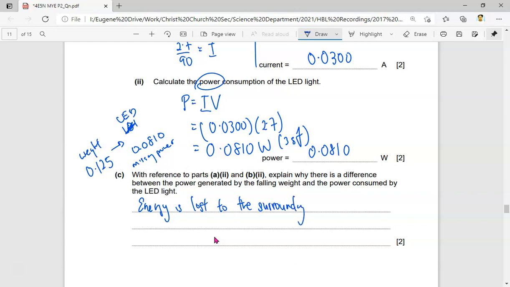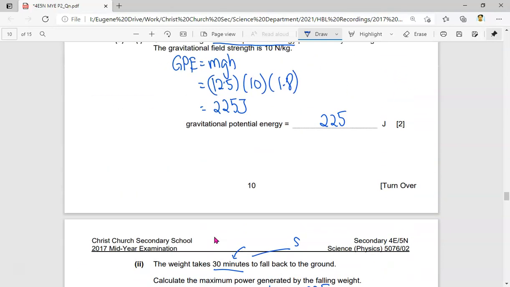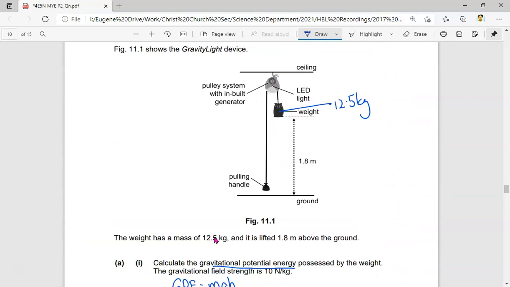Now the question is, how is it lost to the surrounding? Energy is lost to the surrounding as heat due to the friction experienced at the pulley. So if you look at it here, you know that there's a pulley system.